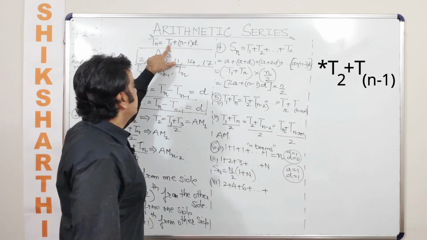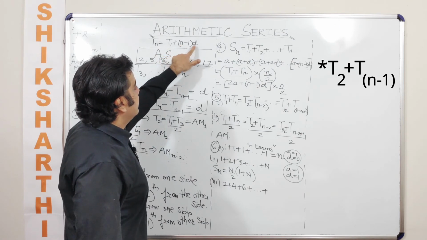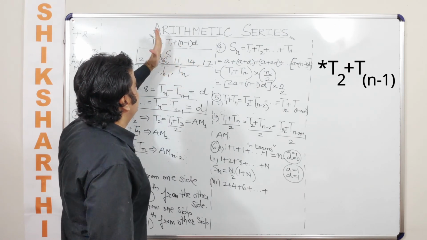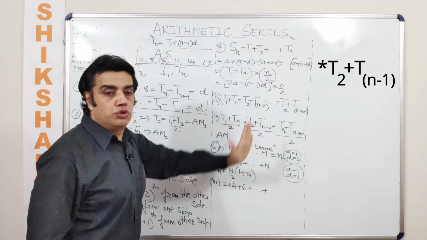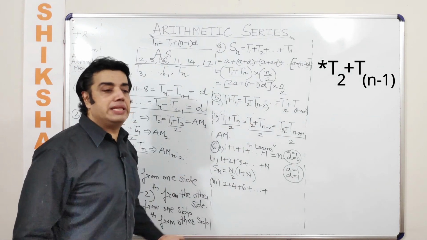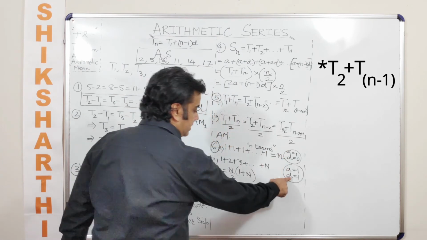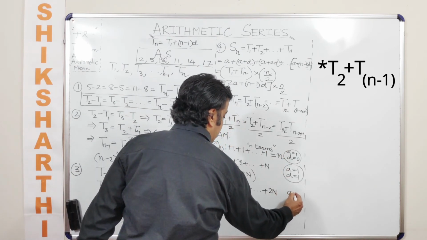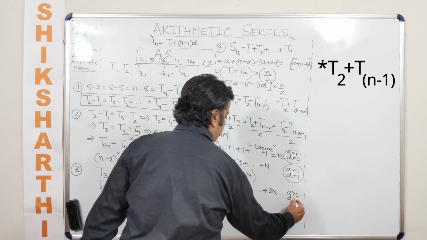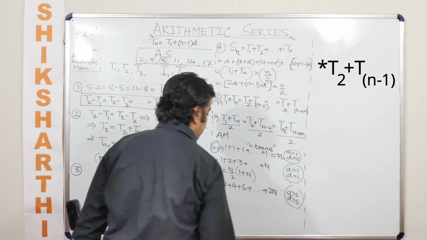The first even number is 2, so 2 plus n minus 1 times the common difference 2, which is 2n. So this falls under the same category: a is positive and d is positive, and they take integer values only.